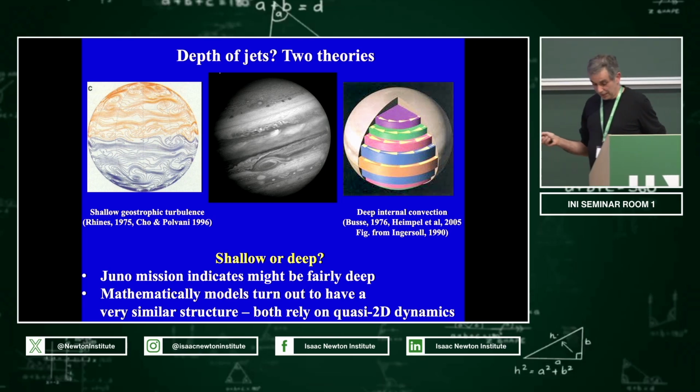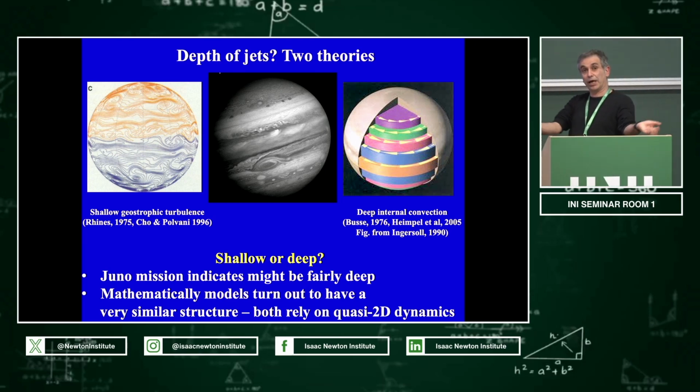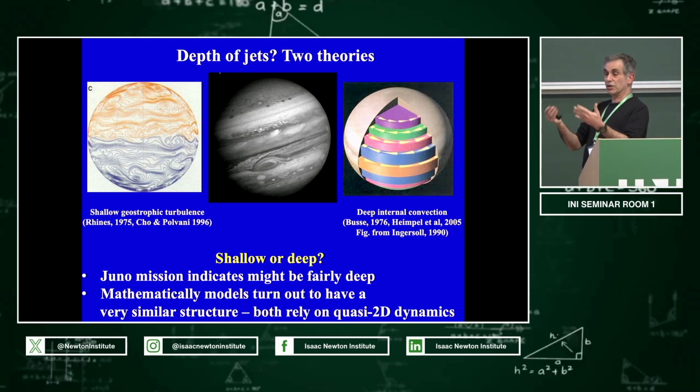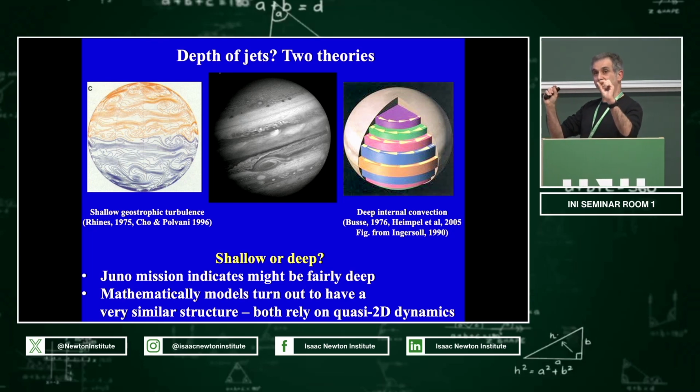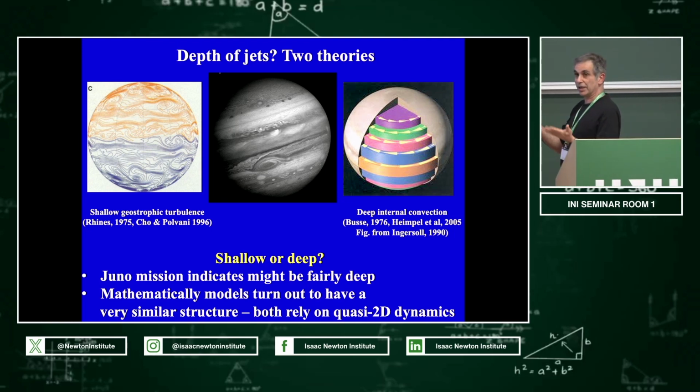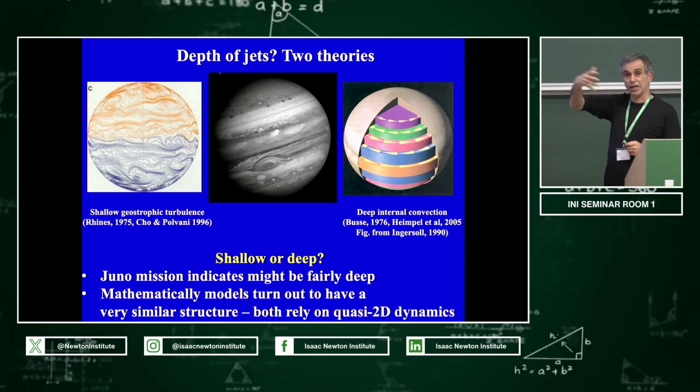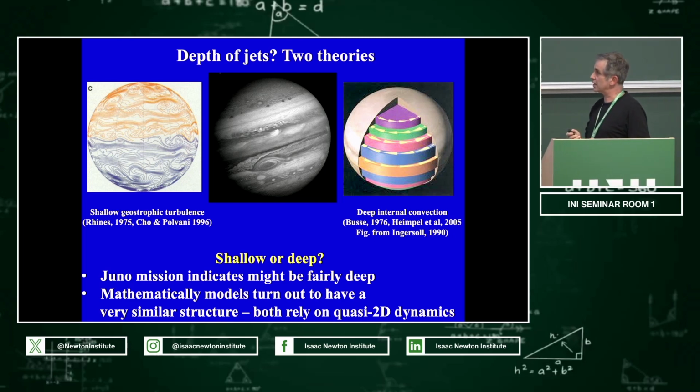One was that the jets were driven in a shallow atmospheric layer, close to the surface. So you have a thin layer, stratified flow, 2D dynamics, shallow-water type dynamics, and the 2D dynamics coupled with the beta effect, the variation of the Coriolis force with latitude, would lead to the natural driving of zonal jets.